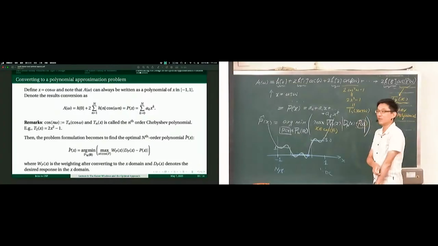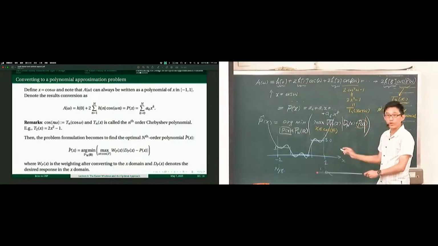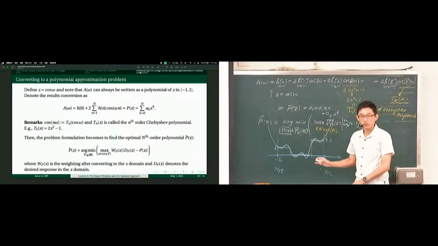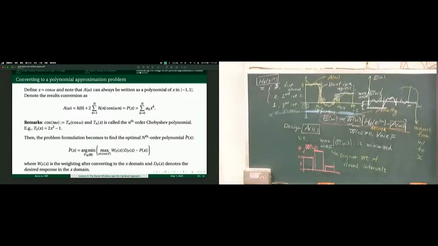specification. Okay, filter. So already you see that this formulation is pretty different from the window method, right? We've driven away from the window concept. Everything is now reduced to a problem of fitting a polynomial.